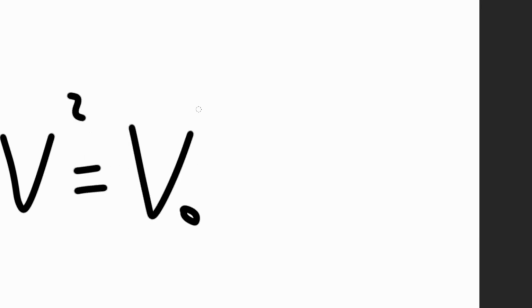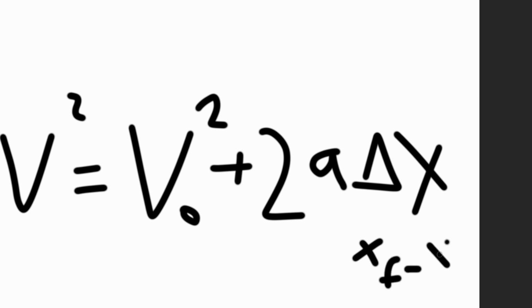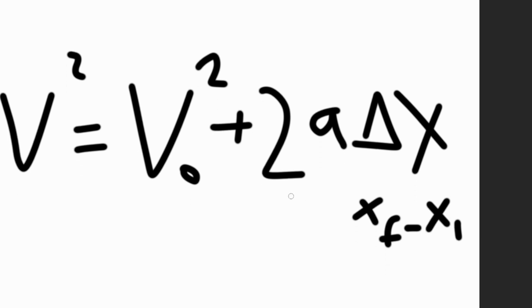And this is the famous physics equation where v squared equals v initial squared plus 2 times acceleration times delta x, which is the difference between the beginning of x and the end, where delta is x final minus x initial. Basically this is a way to calculate velocity given an acceleration and an x.